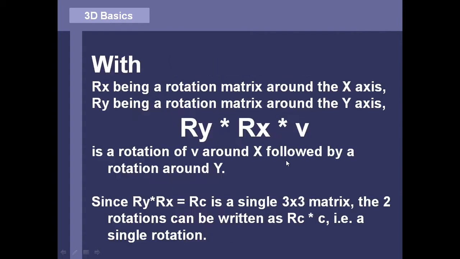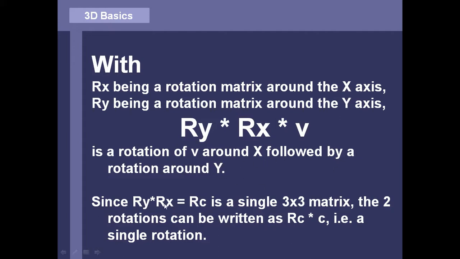So with Rx being a rotation matrix around the x-axis and Ry being a rotation matrix around the y-axis, we have Ry into Rx into V. This is a rotation of V, because we have to rotate some point x, y, z. So it is a rotation of V around x followed by a rotation around y.